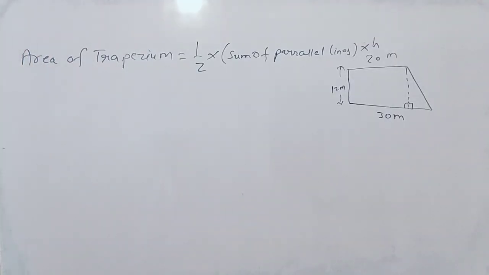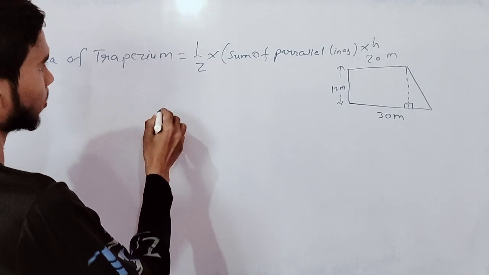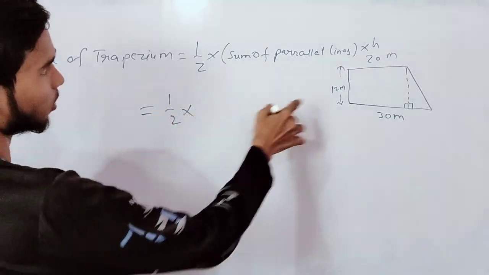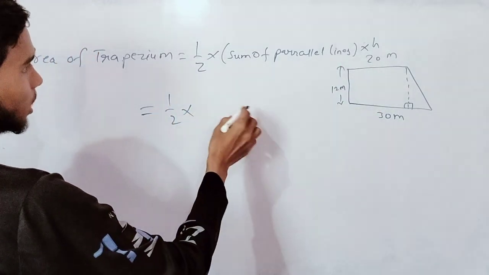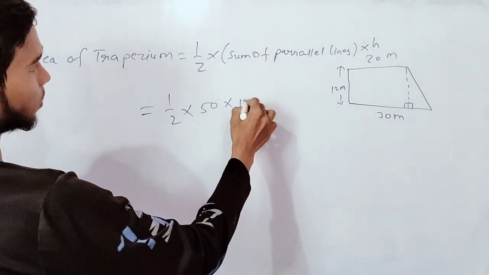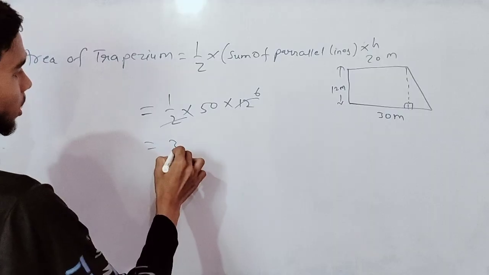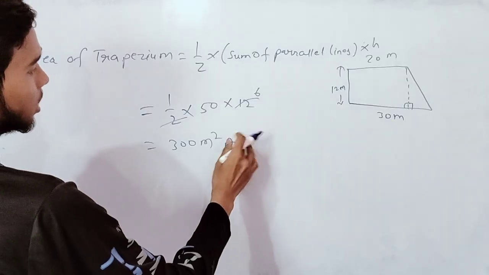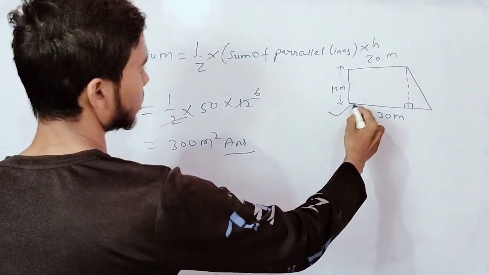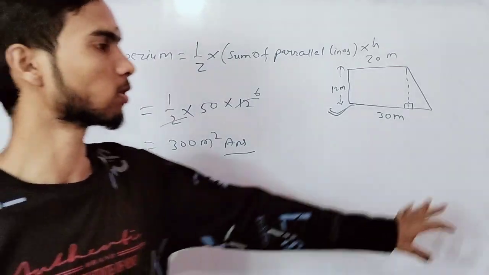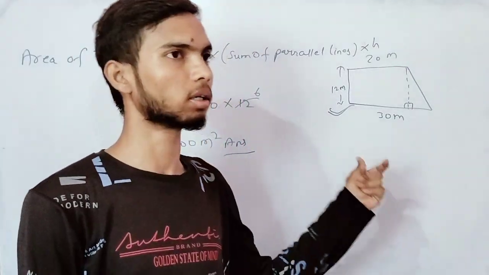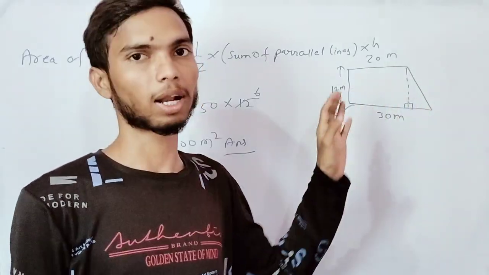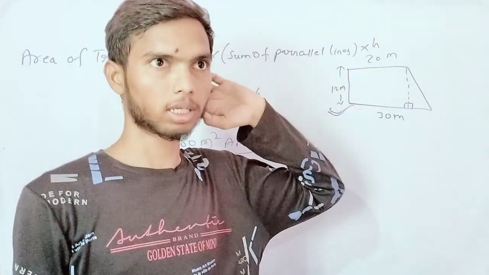The formula is this, just apply 1/2 sum of parallel lines, this and this. 20 plus 30 is 50, multiple height is 12, 6 and 30, 300 meter square is the area of this trapezium. Just as in a triangle, you write 1/2 and the sum of parallel lines, not the sum of non-parallel lines. Sum of parallel lines and then multiple height.